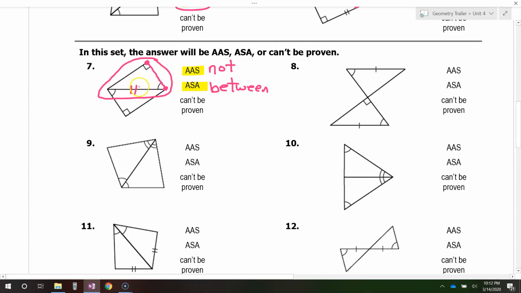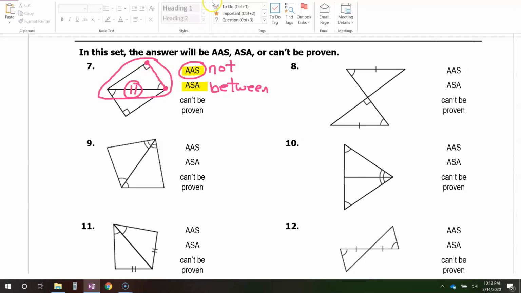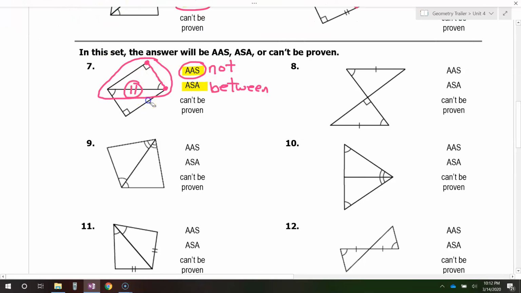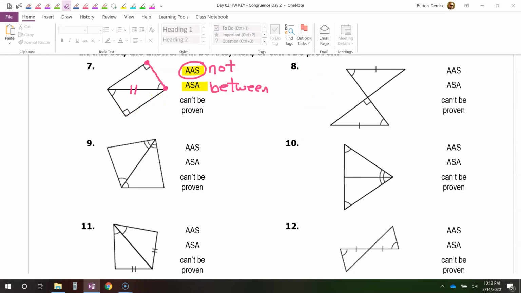Now, notice that the side that is marked is not between the two angles. So that's why I'm going to pick this one. I have two angles and a side, but the side is not between. All right, boom.